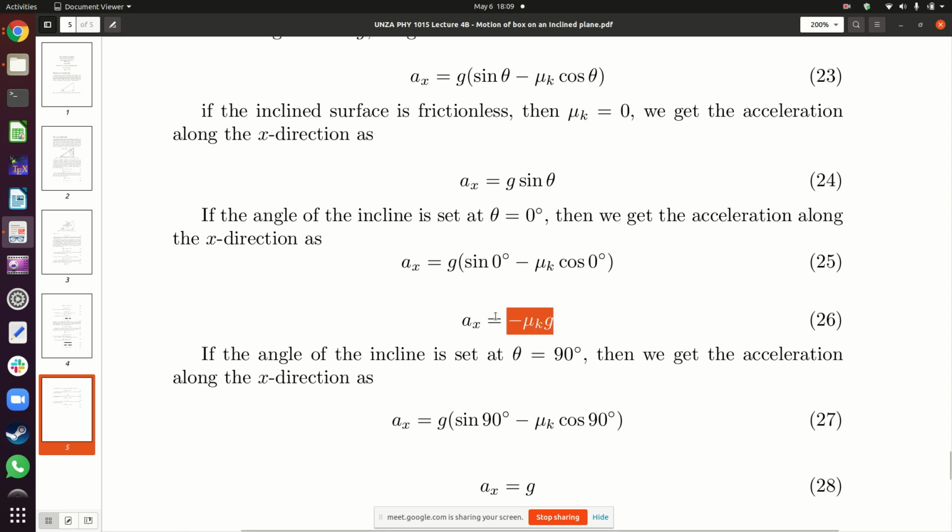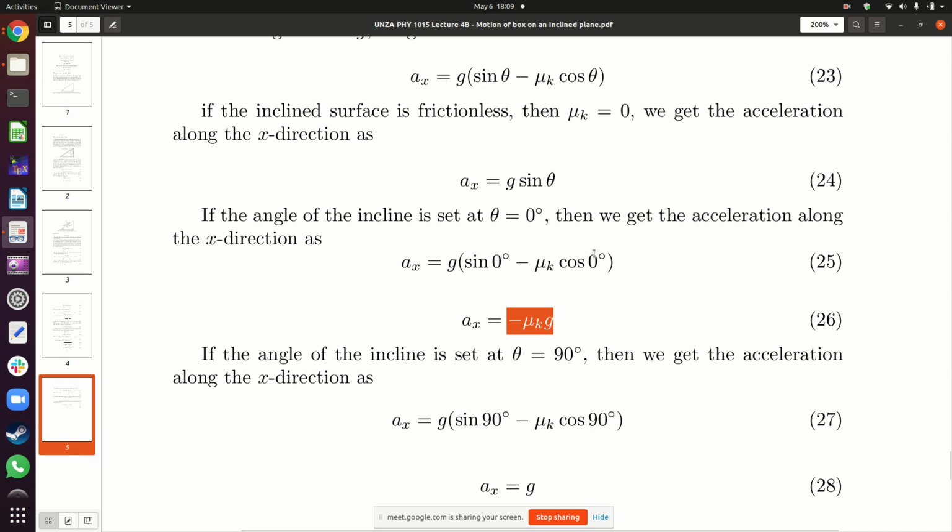Because remember, friction force is mu Fn. The Fn has got m and g. So friction is mu k mg. If you divide by m at the bottom, you end up only with mu k g. So the acceleration is mu k g in this case, when your object is sliding. Is this clear? Yes, sir, it is clear.